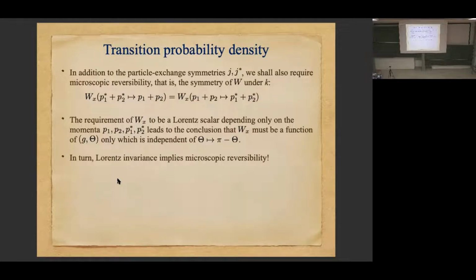Okay, we are also going to impose macroscopic reversibility. That just means that this transition probability density should also be invariant with respect to the K symmetry. The K symmetry, if you remember, interchanges the ingoing particles with the outgoing particles. And actually you can check that this is a consequence of Lorentz invariance.